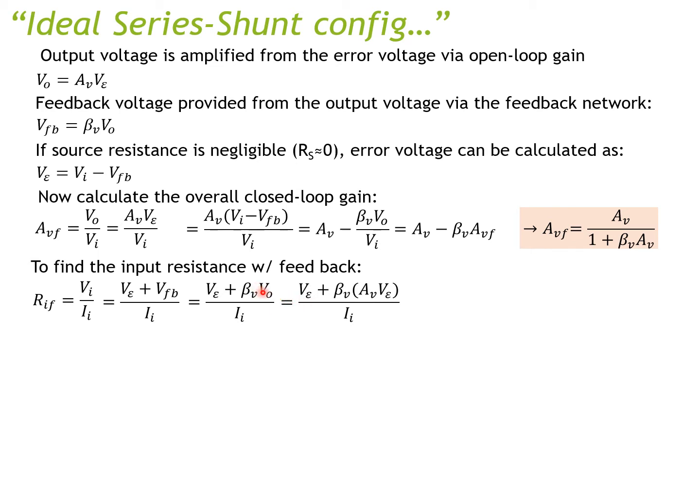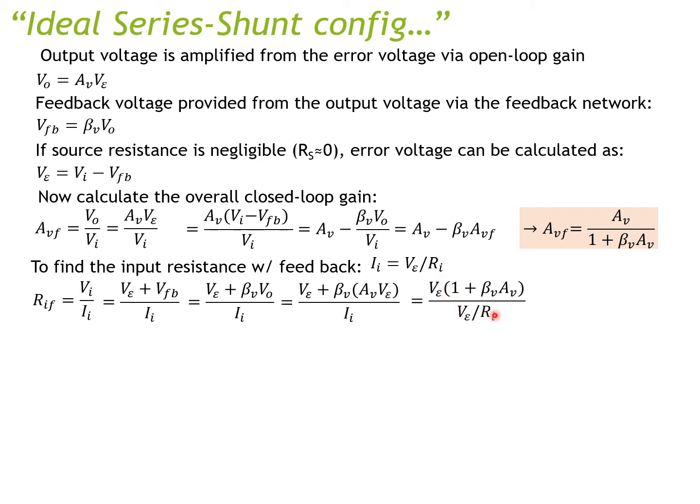Then replace V naught with AV V epsilon, so the amplified error voltage. Now you know that the input current can be defined as V epsilon over Ri, which is the error voltage over the input resistance of your basic amplifier.